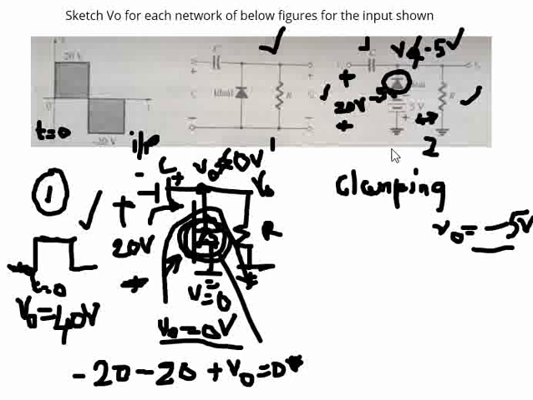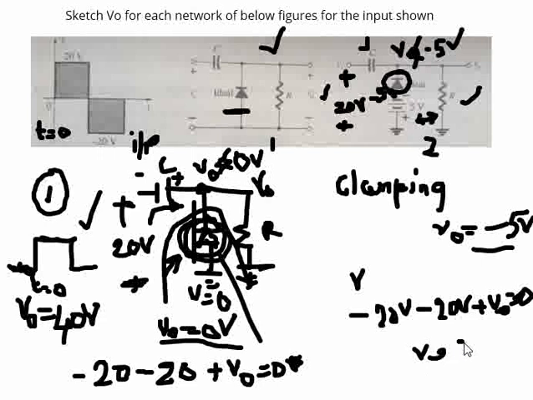We have to do Kirchhoff's voltage law again, where the one difference from the previous scenario is the negation of minus 5 volts. The diode will not turn off until this reaches 5 volts. With KVL, minus 20 volts, then again minus 20 volts plus V naught is equal to 0, which means V naught is equal to 40 volts.